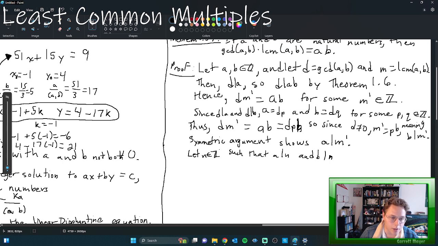I'm also going to say that n is greater than 0, because we don't really care about the negatives in this context. So n equals AK and n equals BL for some integers K and L. Okay.